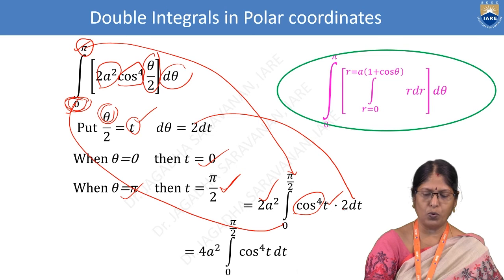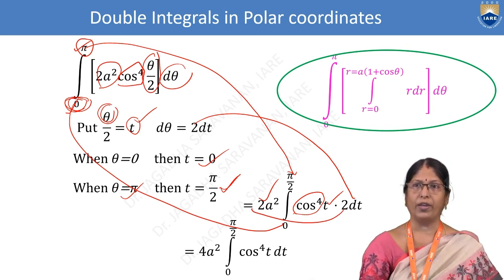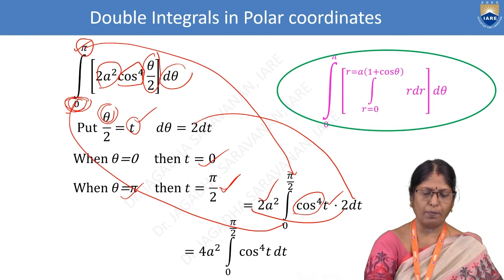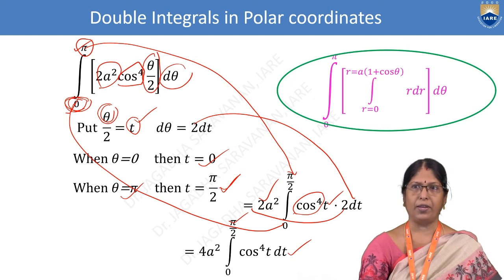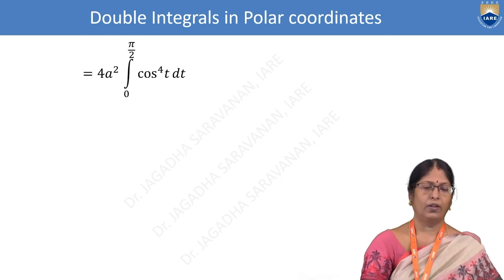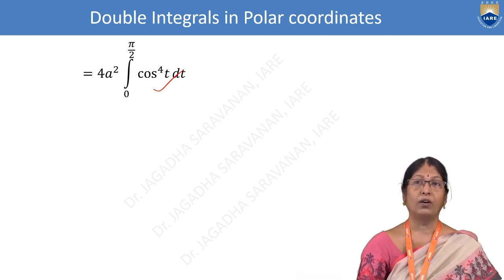Now this 2 we have taken out. 4a square, 0 to pi by 2, cos power 4 t dt. So this is the integration we have to do. Cos has the power 4.